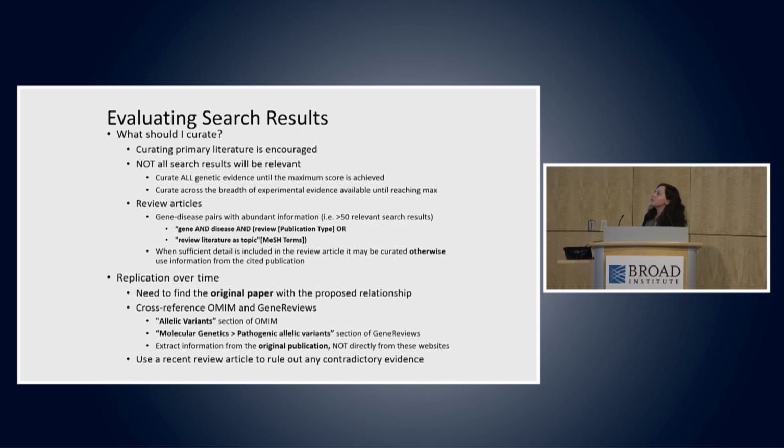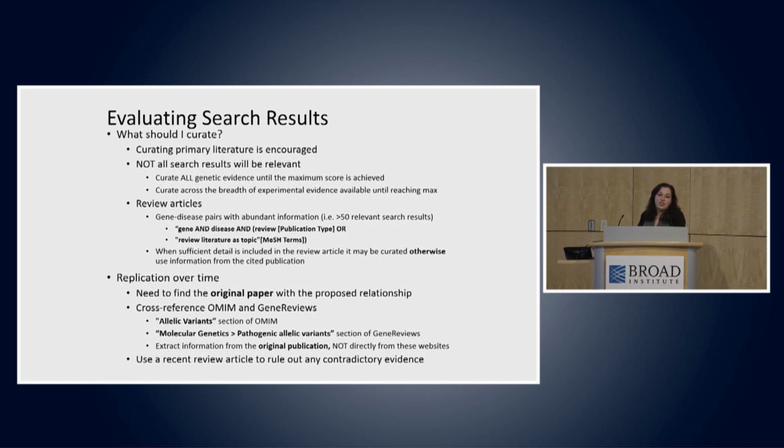As I said, not all search results will be relevant. You should curate all genetic evidence until the maximum score is achieved, or at least you reach the highest classification you would reach. So we'll have a little bit of a discussion about curating definitive gene-disease relationships, but there are different schools of thought. Some people feel that once you reach the definitive scoring, you don't need to max out genetic and experimental evidence.